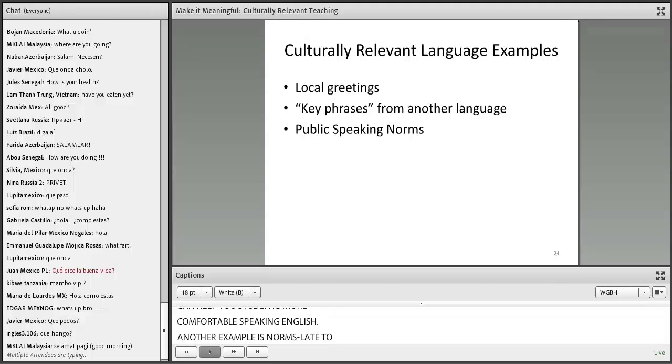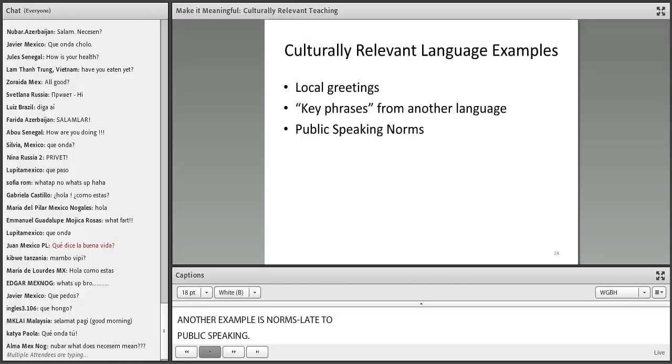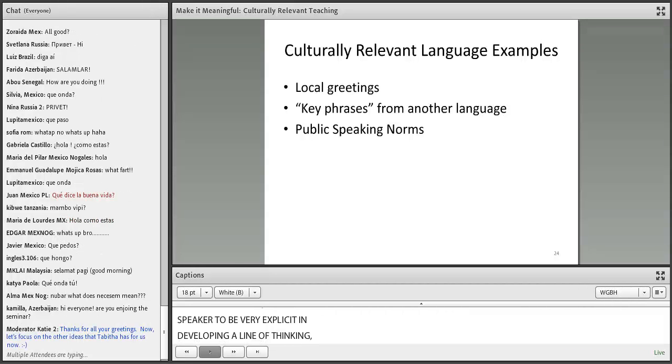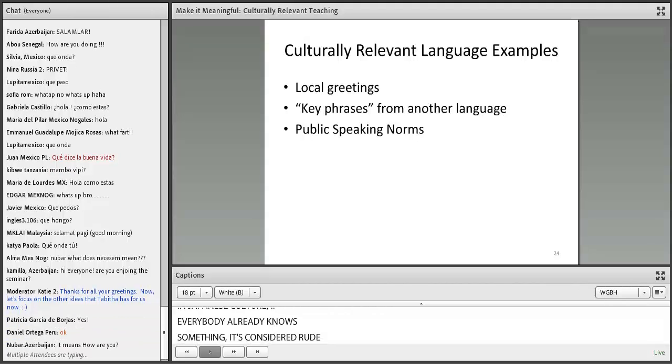Another example is norms related to public speaking. For example, Japanese students have sometimes struggled to write speeches in their English classes because the norms of standard English would require the speaker to be very explicit in developing a line of thinking. So even you're supposed to state facts that are obvious to everyone in the room. In Japanese culture, if everybody already knows something, it's considered rude to tell them what they already know.